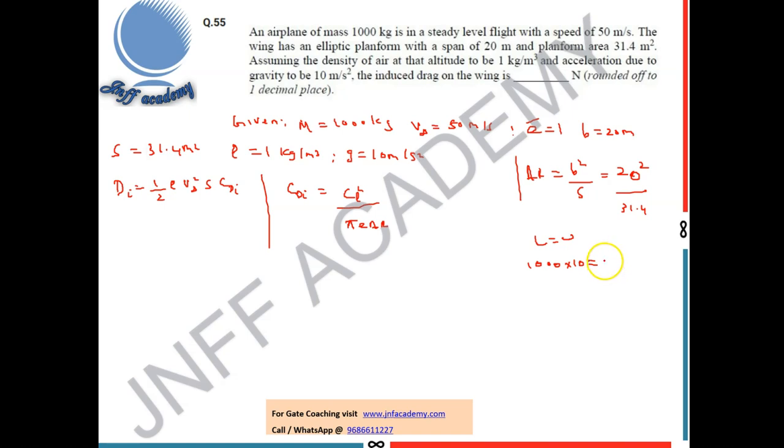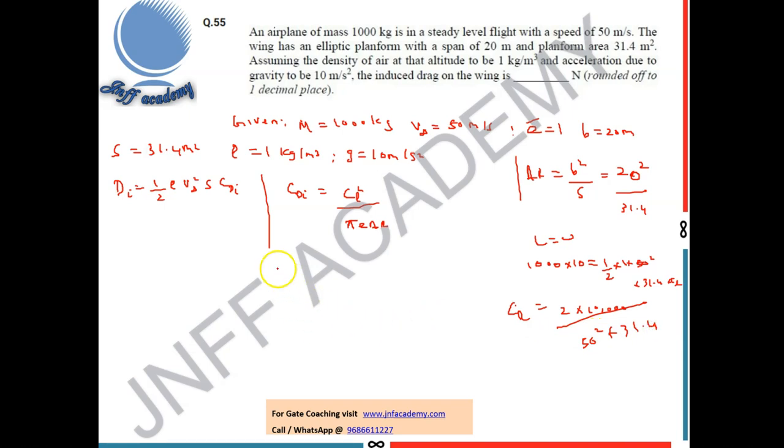So L is equal to half of rho, which is 1, V infinity square, 50 square, S which is also given, 31.4, into CL. If you keep this right, CL is equal to 2 into, maybe you can put 10,000 divided by 50 square into 31.4.